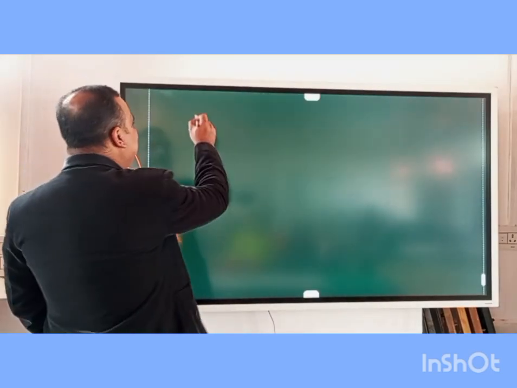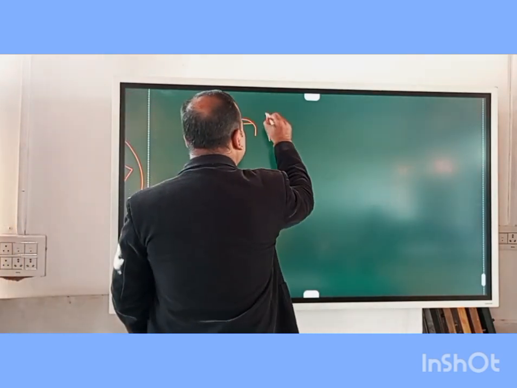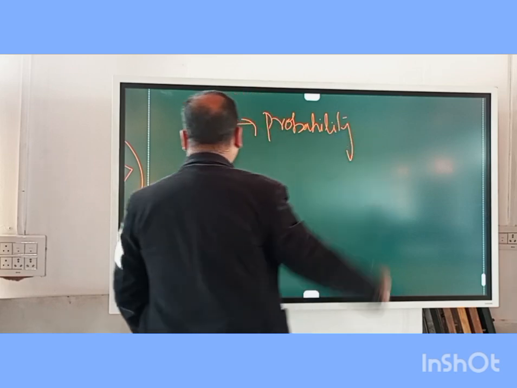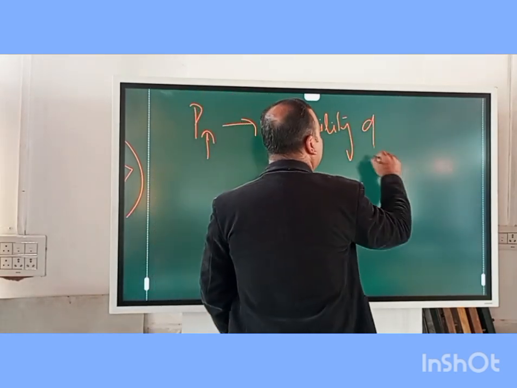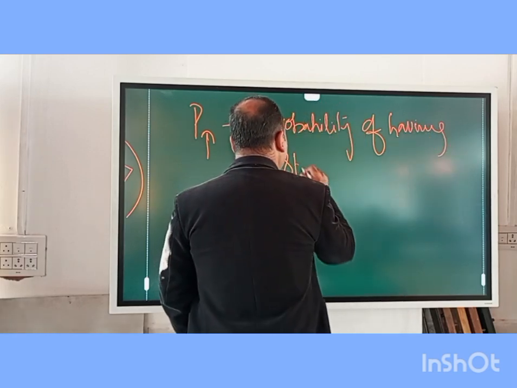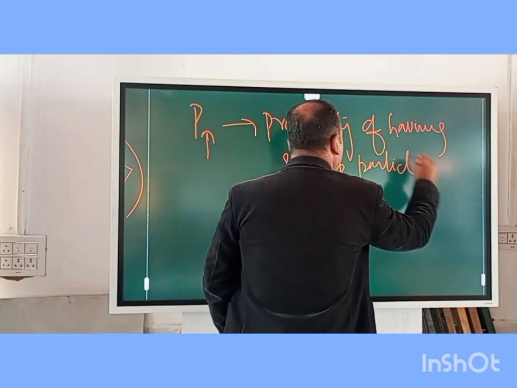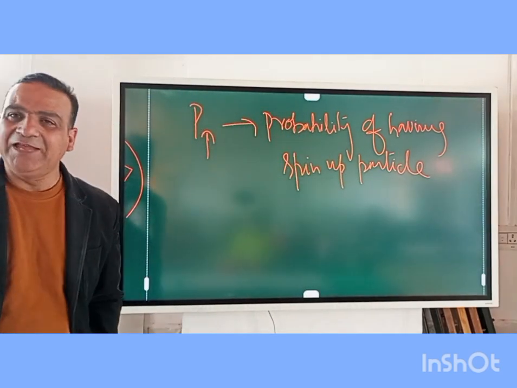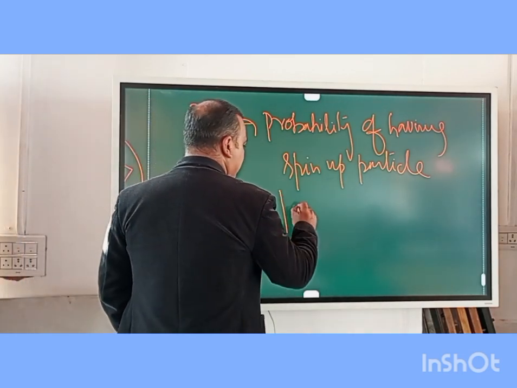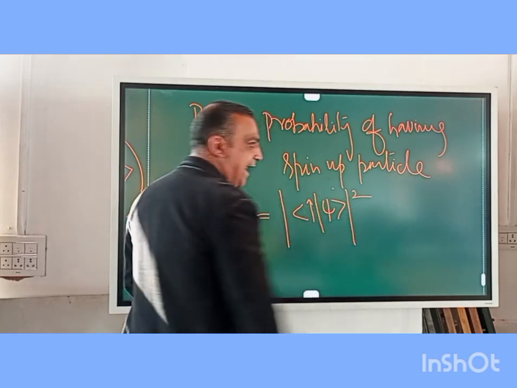If I say that P is my probability of having a spin up particle, how do we define probability? We define probability as the modulus of this bracket, whole square.